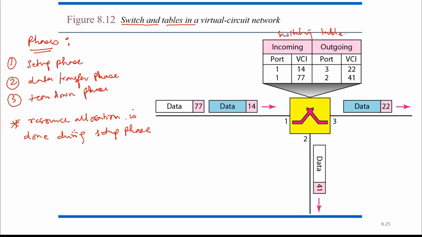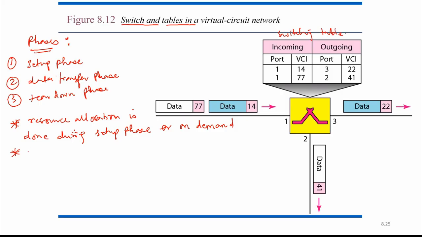The resource allocation is done during the setup phase. This is the property of circuit switching, but virtual circuit switching has the properties of circuit switching as well as datagram. In datagram, the resource allocation is done on demand. So in virtual circuit switching, the resource allocation can be done either at the setup phase or on demand. So it has the properties of both circuit switching and datagram switching.